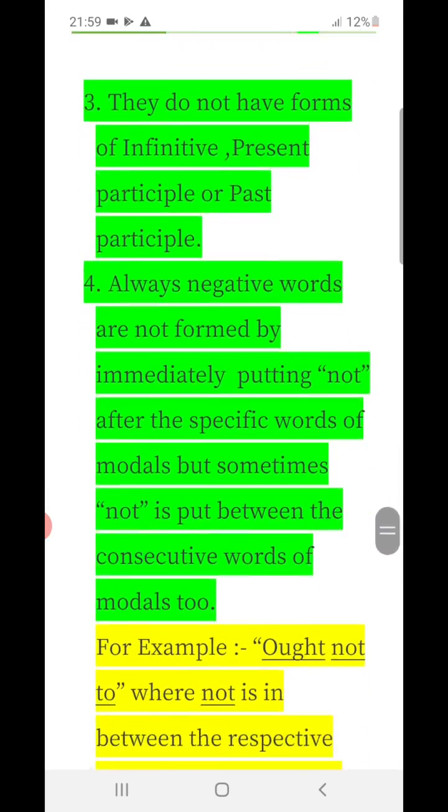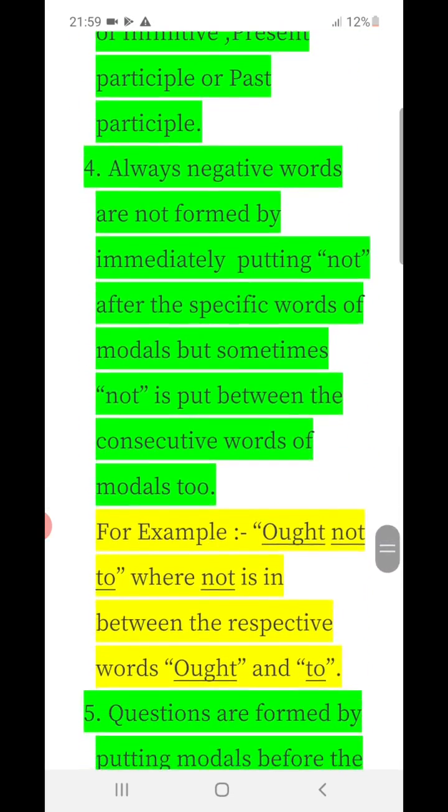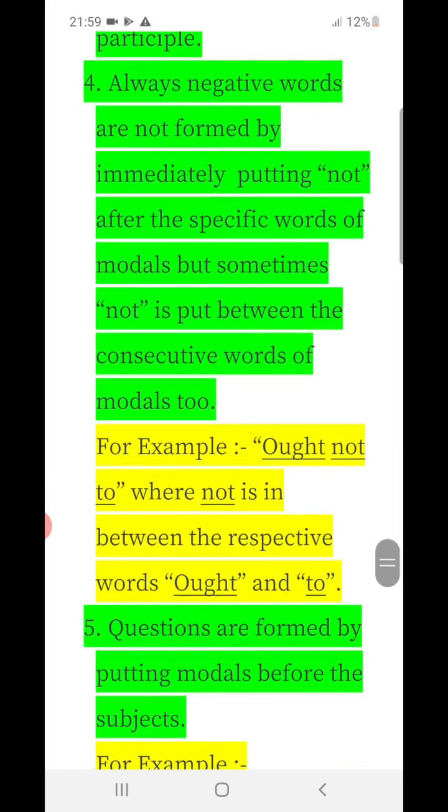Next, number 4. Always negative words are not formed by immediately putting not after the specific words of modals, but sometimes not is put between the consecutive words of modals too.